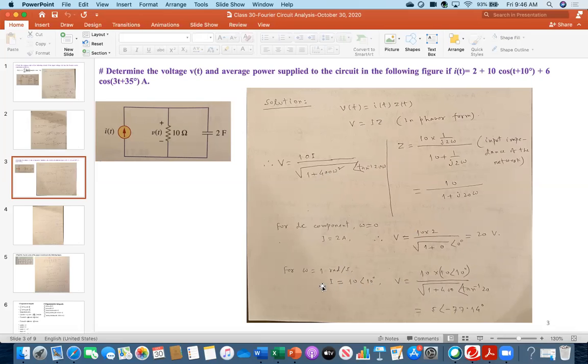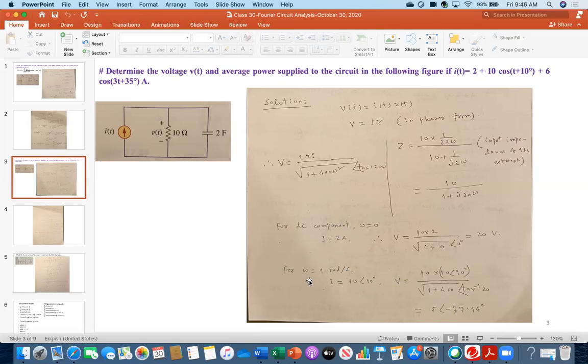When omega is 1 radian per second, because you see omega t, this means omega is 1 here. That is my condition now. In the previous case, my condition was that I is 2 ampere, but the frequency omega was 0, because it was the DC term. Now what is my new condition? My new condition is I, 10 at an angle of 10.